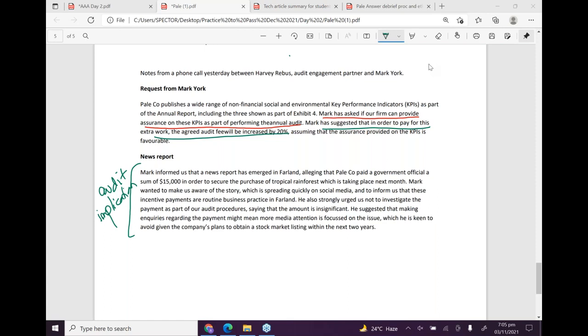But Yolanda, you'll have to tell me how this is self-review. So where in the financial statements do we see this other information? We don't see it in the other information, but as a part of my responsibility, I will review this for consistency with financial statements.